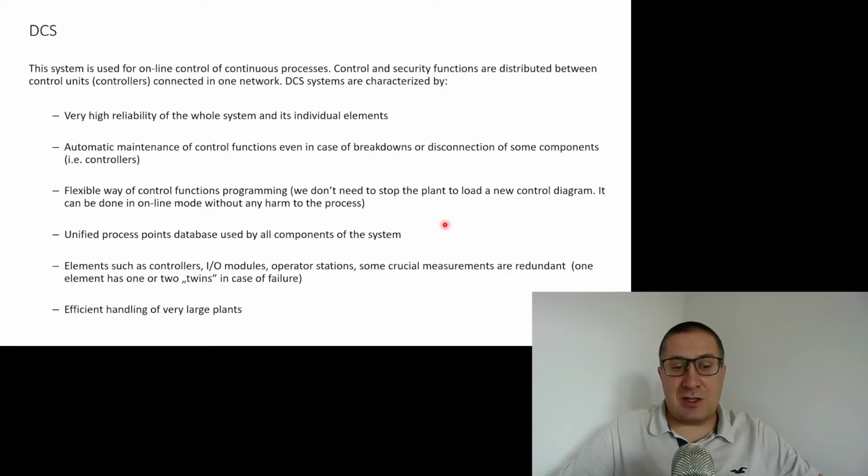And we can efficiently handle very large plants. Hundreds of thousands, millions of process points.